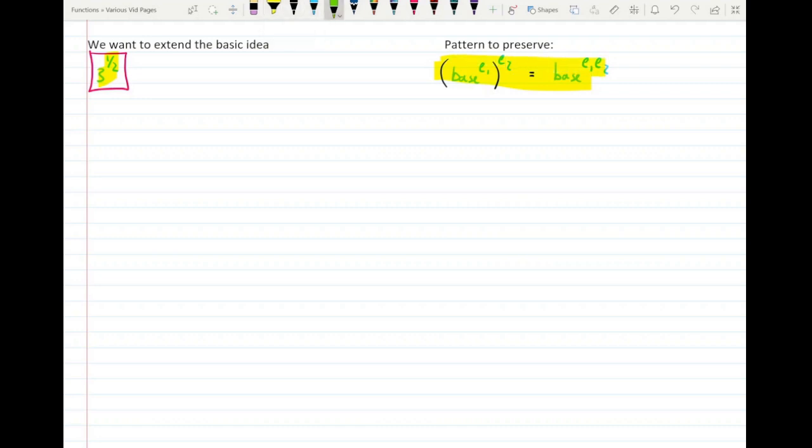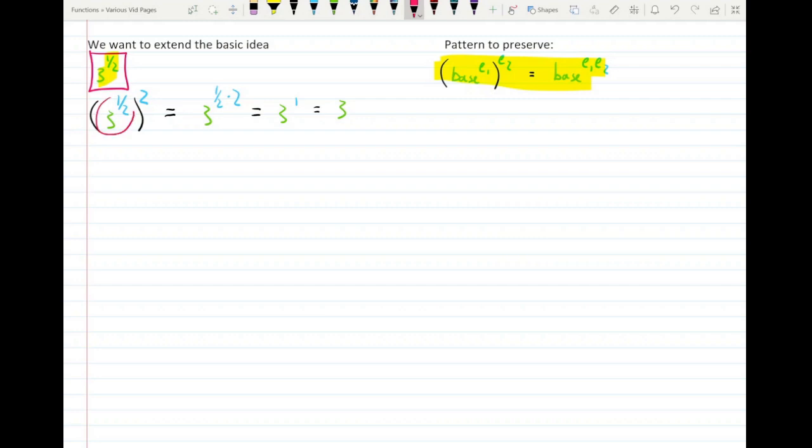So we're going to take our expression here, 3 to the 1/2, and square it, or raise it to the 2nd power. And according to that pattern that we want to preserve, this should equal 3 to the 1/2 times 2, which is 3 to the 1, which is 3 just by itself, or 3 multiplied by itself one time.